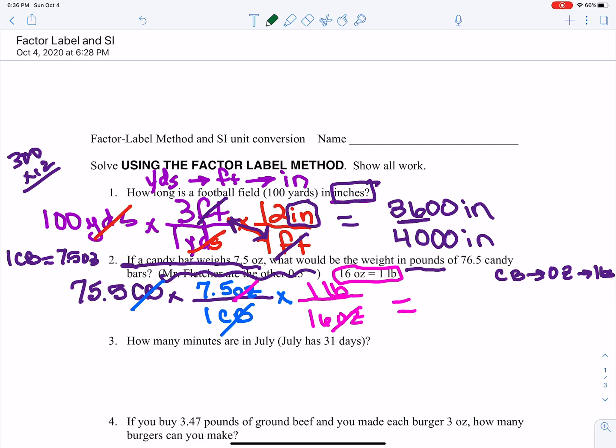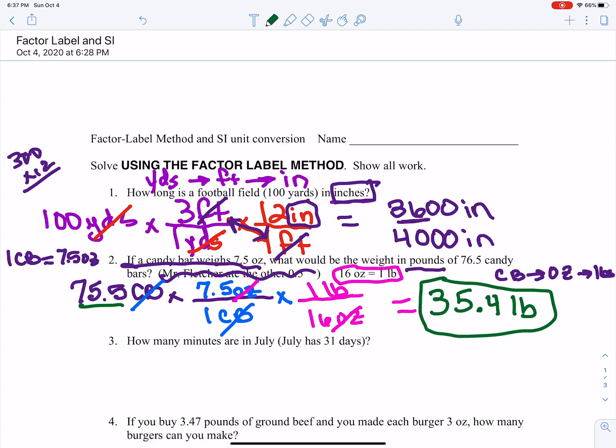So then you're going to have to divide by 16. So if I have 3 sig figs in 76.5, my calculator answer is 35.3906. Well, I only need 3 sig figs, so my answer is 35.4 pounds. That's how many pounds 76.5 candy bars are. That's your answer.